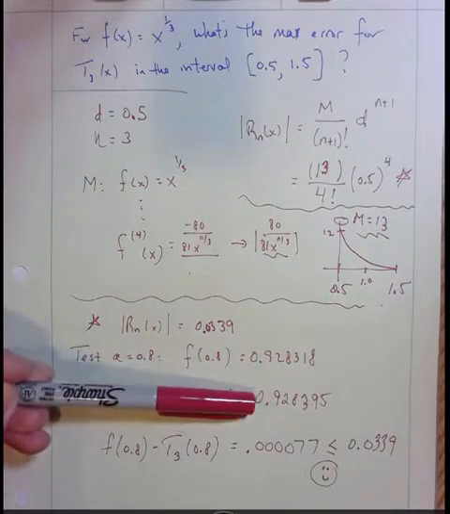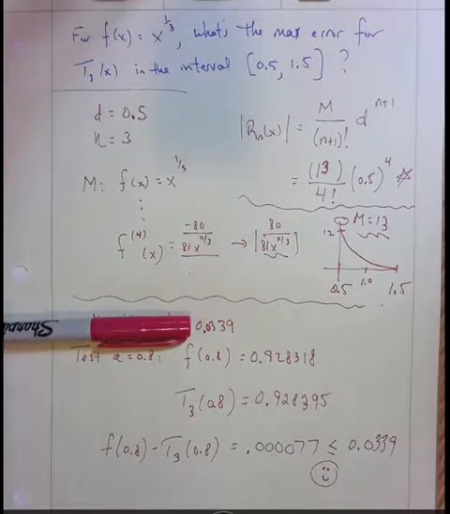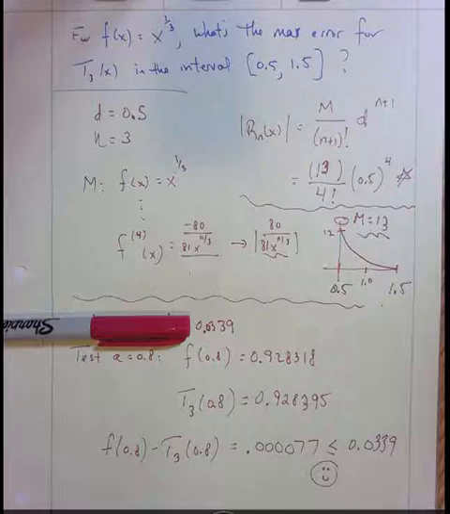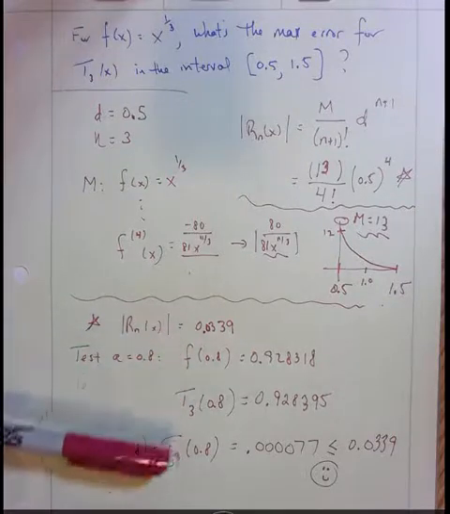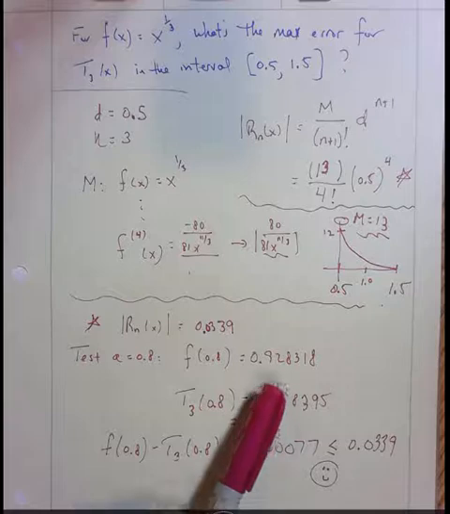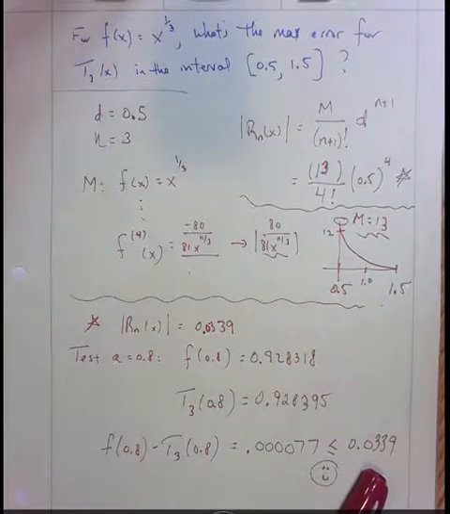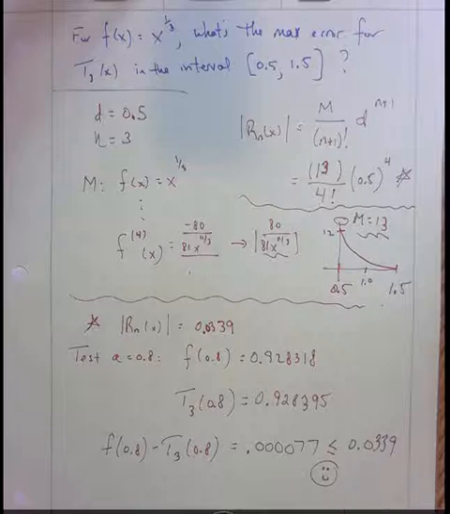These two values should be no farther apart than this, because this value has been calculated as the biggest possible difference between these two numbers from within the interval. And if we actually run that difference, it turns into 0.00077. That's the difference between these two numbers, and that number is definitely less than the maximum error that was predicted by Taylor's inequality, and so it's all good. So far, it doesn't appear that anything went wrong.